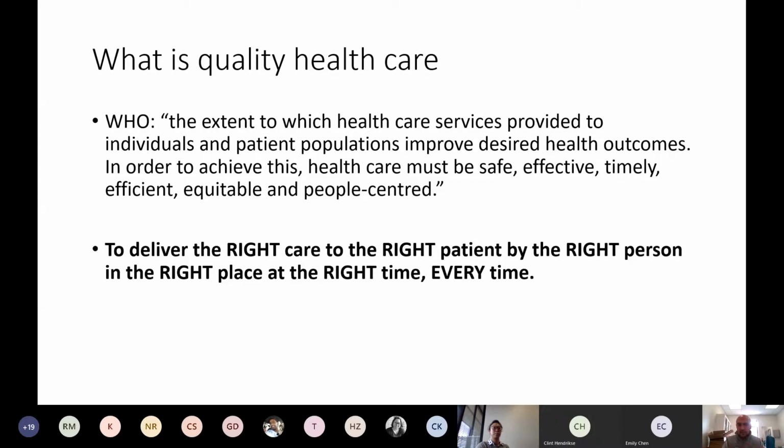If you summarize it, it basically means the right care to the right patient at the right time, at the right cost, etc. Or if you simplify it even more, it's care that you are proud of, and that you would proudly bring your family to that health facility. It's something to do with that. It's sometimes difficult to define.